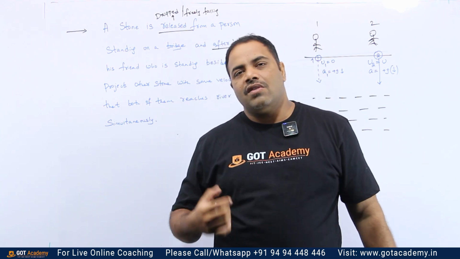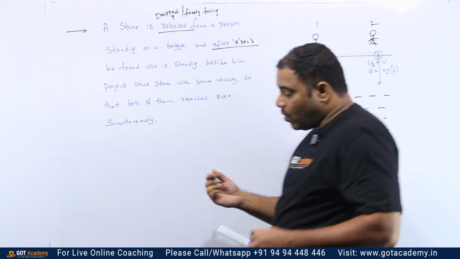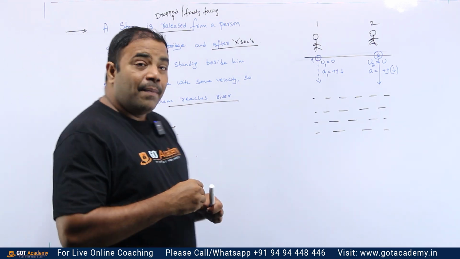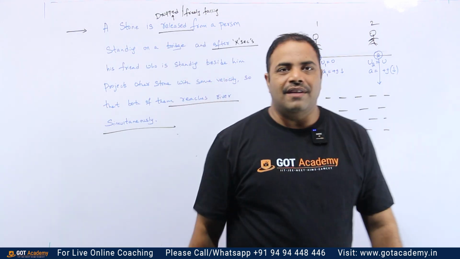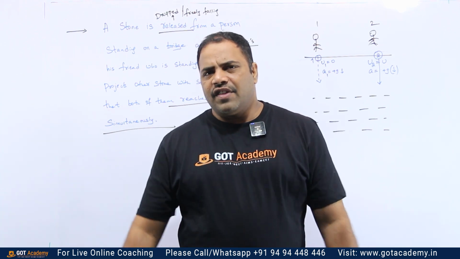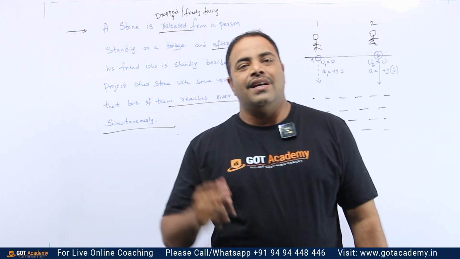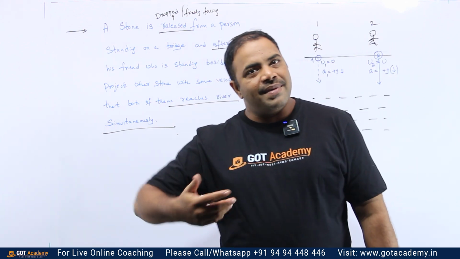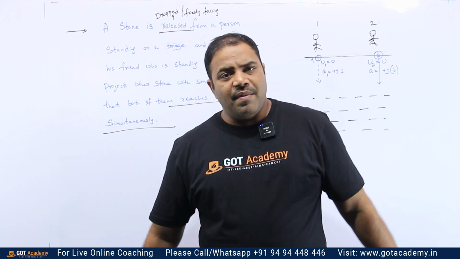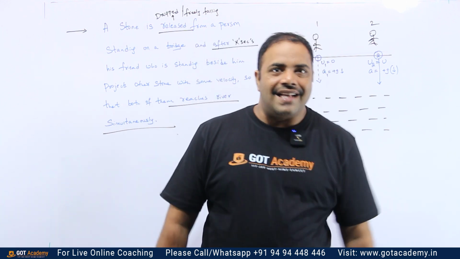Read the question again and again and you will understand better. The important point is that both of them are reaching simultaneously. If the first stone takes some 10 seconds to reach water, the second stone takes much less time so that both reach simultaneously.